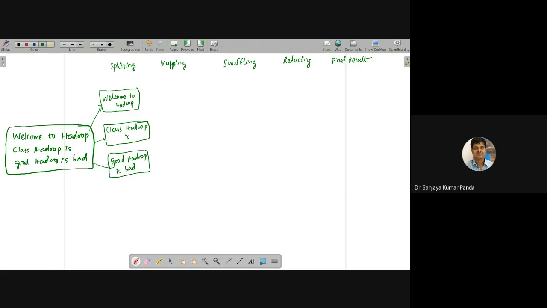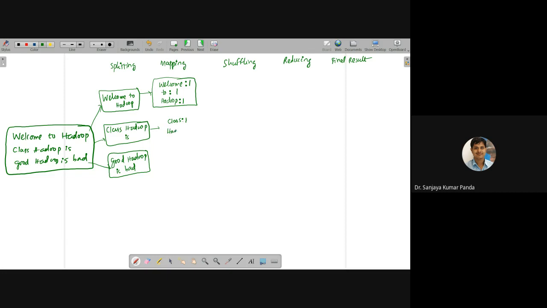What we will do in the mapping phase: welcome is repeated how many times? One time. The count of welcome is one. To is again one time. Hadoop is again one time. This we got here. Class is one time.